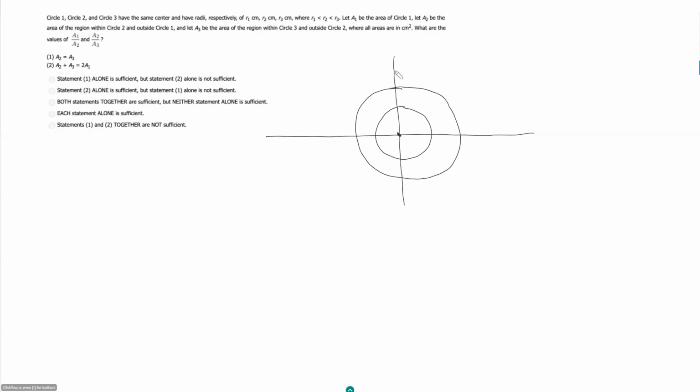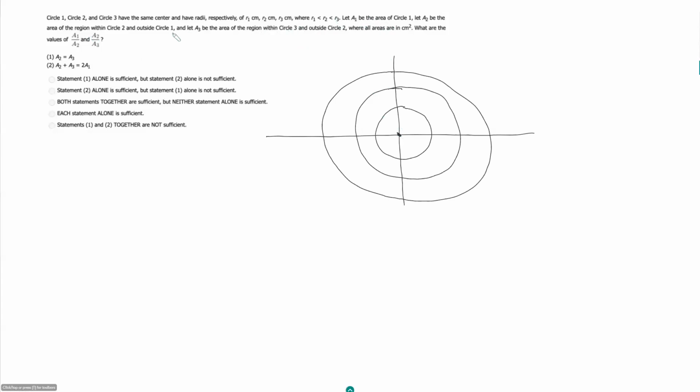It looks like this, and then we got some other circle that also has the same center. So we basically got a dartboard, or a target board. Think of it however you want. Or you can think of it as a tree branch that has been cut in half.